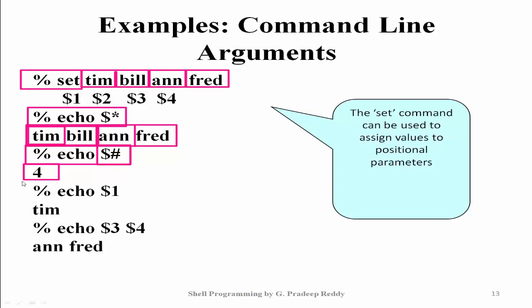So next, percentage echo $1. It is going to fetch which particular parameter is in $1. The first parameter is Tim. So now it is going to show Tim here. For example, if you specify $2, then it is going to fetch Bill.